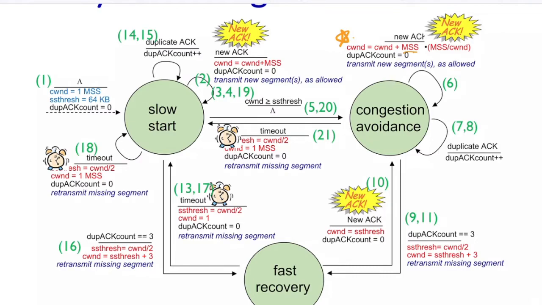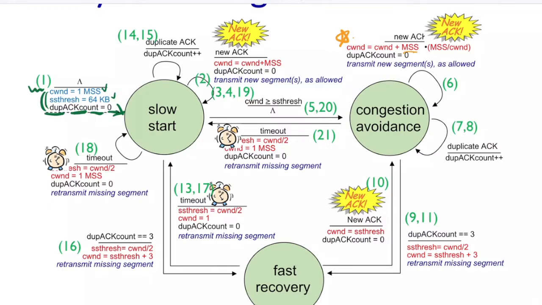The first one is initialize. At the very beginning, when TCP starts, it is in the slow start state. The congestion window size is 1 segment, and the slow start threshold, basically these two values, are set by the operating system. Different operating systems have different values, but it's okay. We simply have some initial values right here.